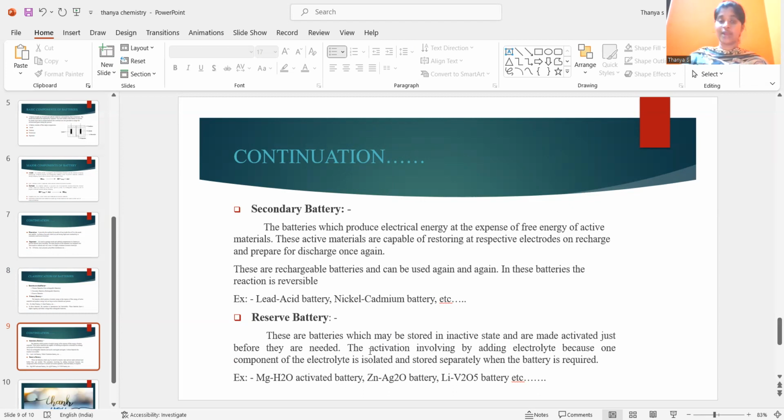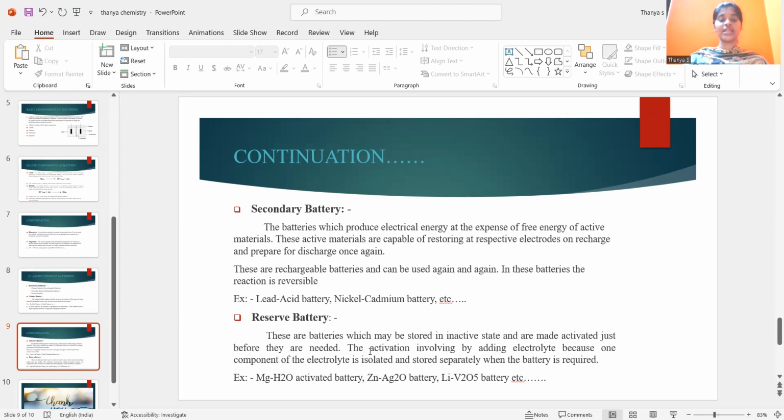So last one is reserve battery. These are batteries which may be stored in an inactive state and are activated just before they are needed. The activation involves adding electrolyte, because one component of the electrolyte is isolated and stored separately until the battery is required.